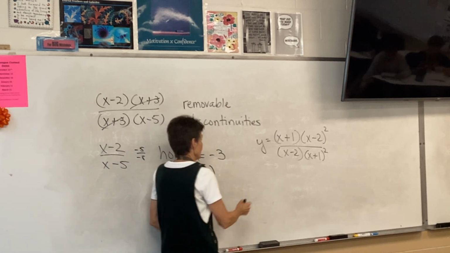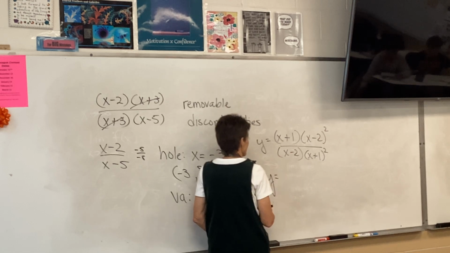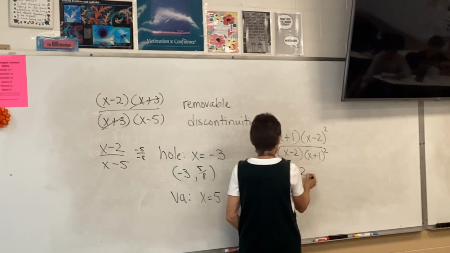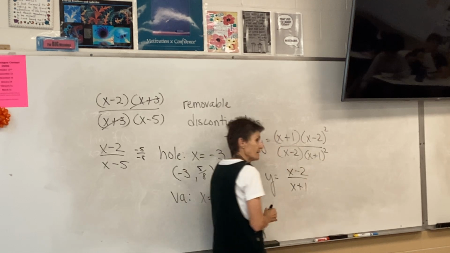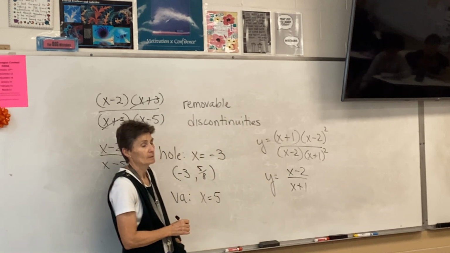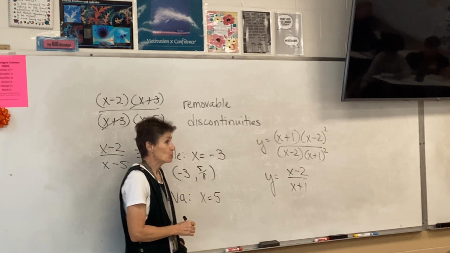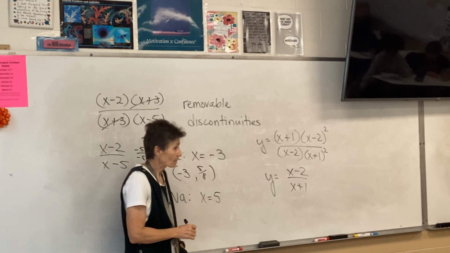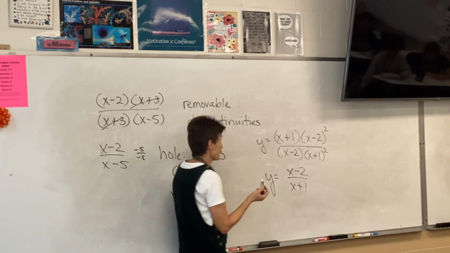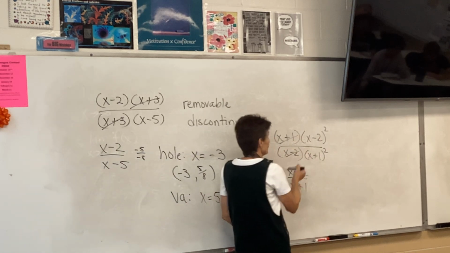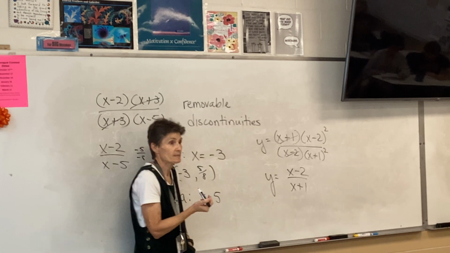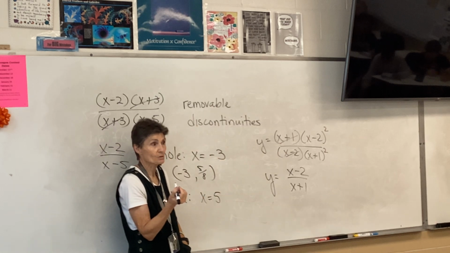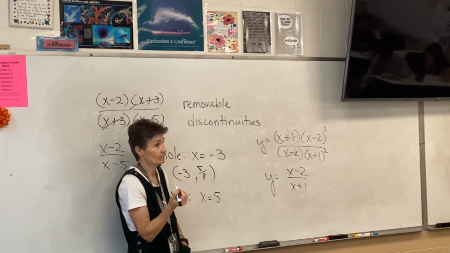I surely do. This thing can be reduced down to this. Did I cancel appropriately? Now, you might think that because you really canceled out 2 different parentheses, that you're gonna have 2 holes, but you don't have 2 holes.